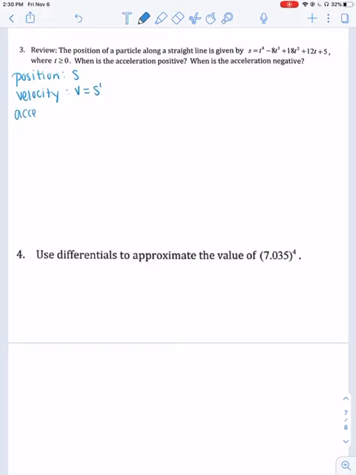And then acceleration is the derivative of the velocity function, which is also known as the second derivative of the position function. So this is something you should know, and that will come up quite a bit. Here we're being asked about acceleration, so we need to find the second derivative of the position, and the position is what is given. So let's find the first derivative first.